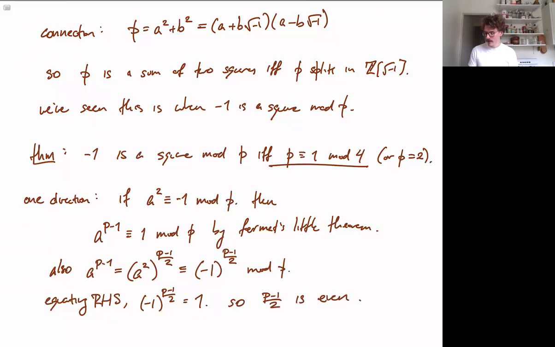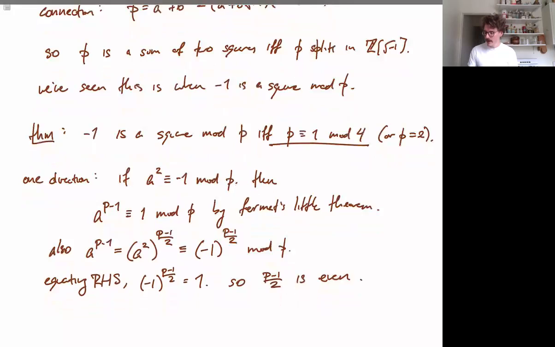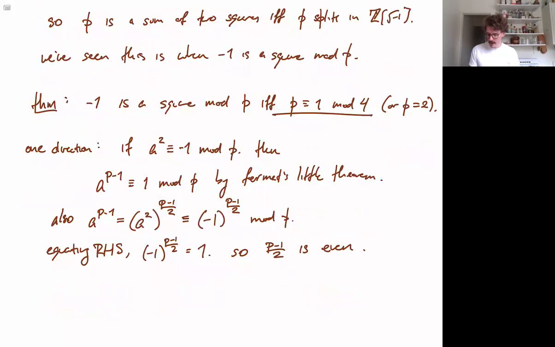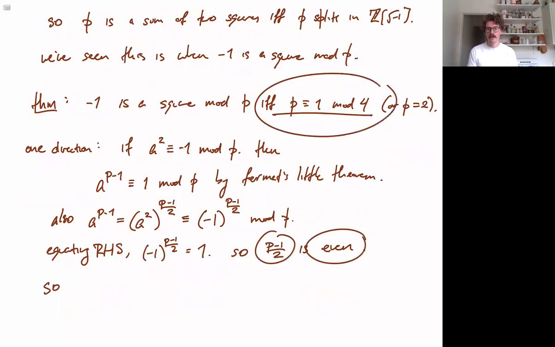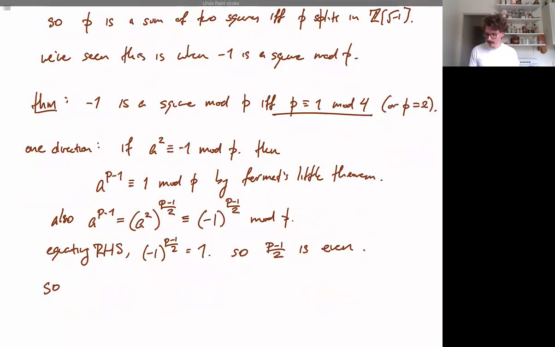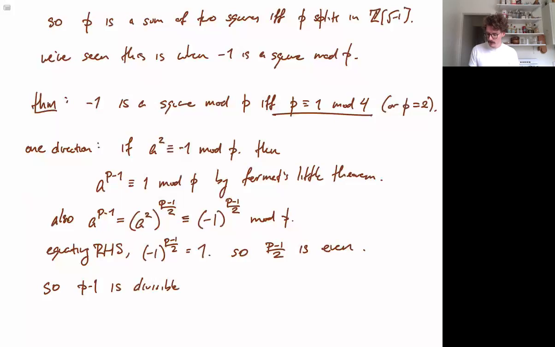We got +1, so we must have taken an even power. It's just a little bit of unwinding to show that that's equivalent to what we want. Since p minus 1 over 2 is even, p minus 1 is divisible by 4. And if p minus 1 is divisible by 4, then p is congruent to 1 mod 4.